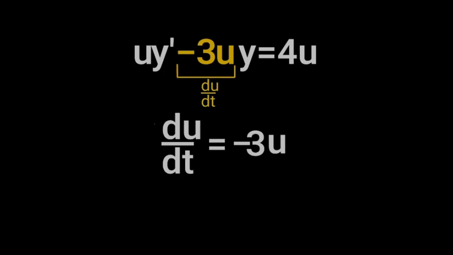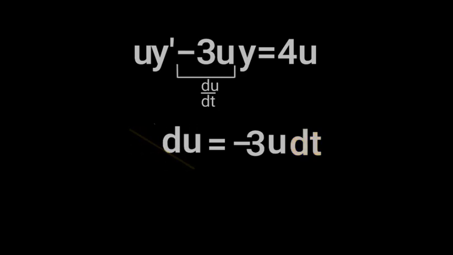To do that, we multiply both sides by dt. Then on the left side, dt and dt cancel each other out. And then we have du equals negative 3u dt.